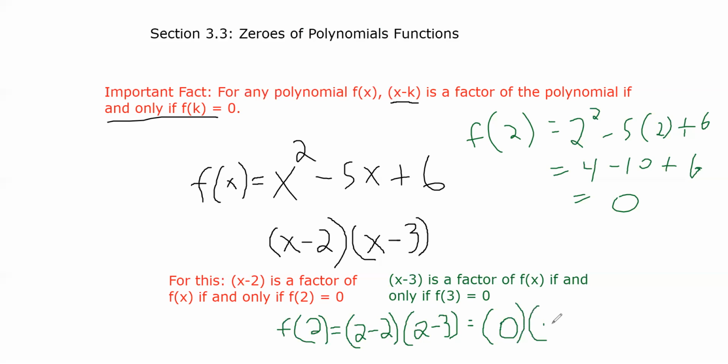That second thing can be anything as long as it's finite, because it's getting multiplied by 0, and that's going to make the whole thing go to 0. So that really just kind of drives this point home right here: if you can factor it out like this, that means this principal value here can be plugged into the function and spit out a 0. In fact, that's almost kind of the whole point of factoring. That's like the whole meat and potatoes of factoring.